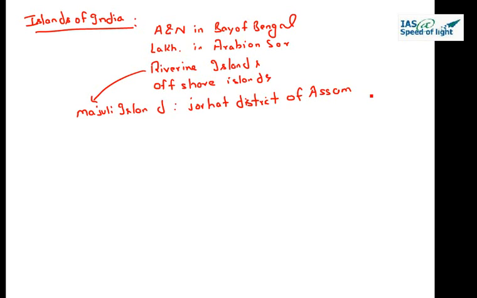Now, this particular Majuli Island is a great natural and cultural heritage site, and with water bodies covering most of the area, it attracts plenty of birds. Okay, both local and migratory birds. So riverine islands. Now we'll talk about the Andaman and Nicobar island groups.